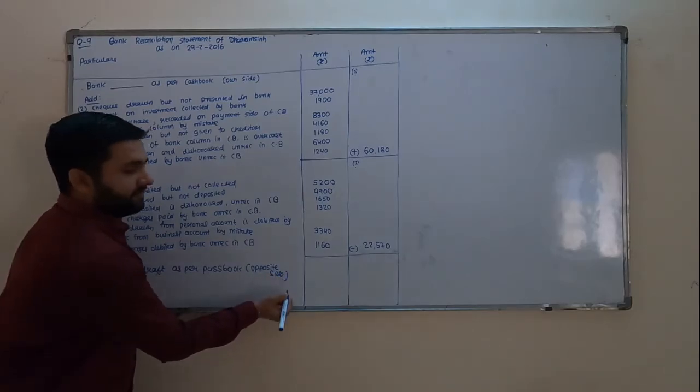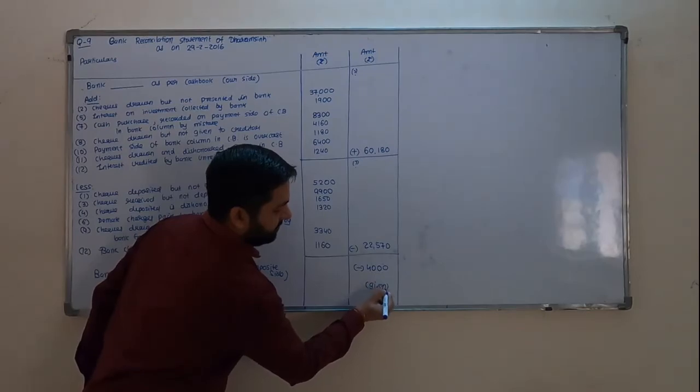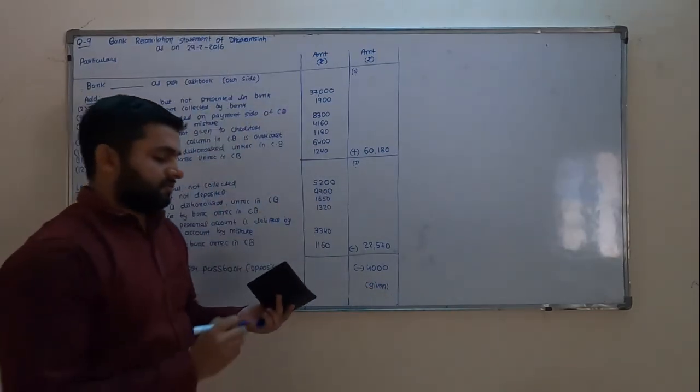The opposite side is given as -4,000. Okay, so we have to find out the answers.